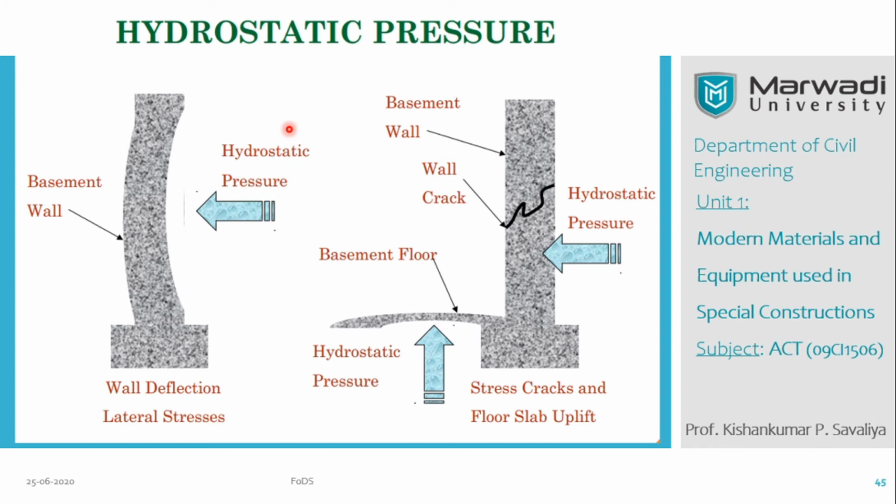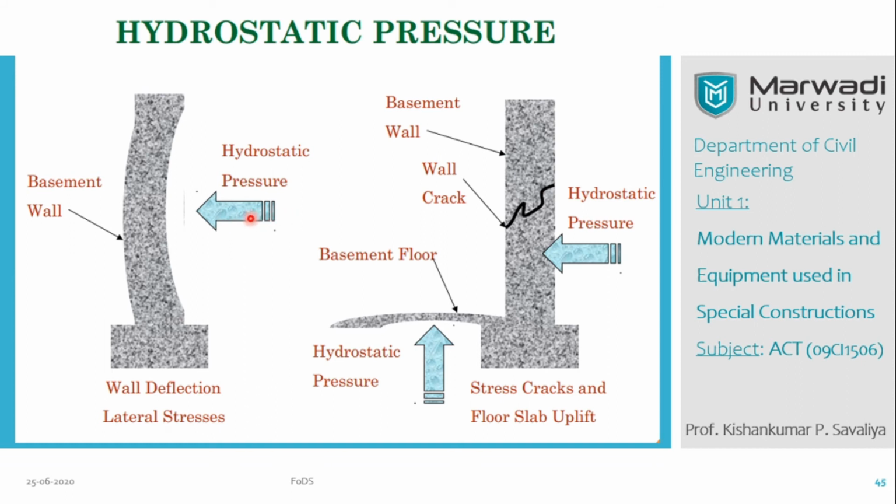Normally, how does hydrostatic pressure act on our building or basement? Let us see. Lateral stresses are developed as mentioned in the figure. This is the hydrostatic pressure direction in the horizontal direction. This is the basement wall which is below the ground level, which can be used as parking for any kind of building or structure.